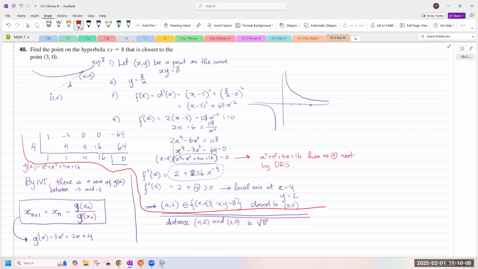And when we do the second derivative test, we found that's a local minimum at x equals 4, therefore that's the closest, right? If we draw that earlier, then we basically exhaust the possibility of getting the closest point in quadrant 3. It won't happen.